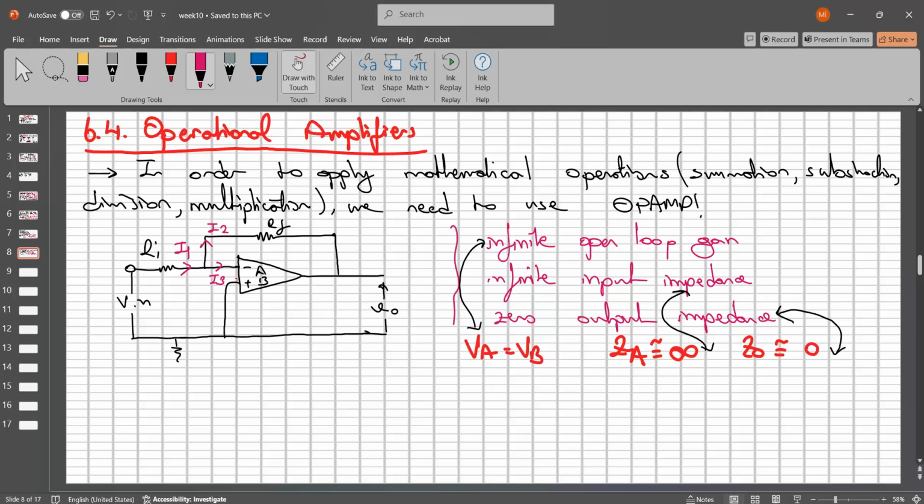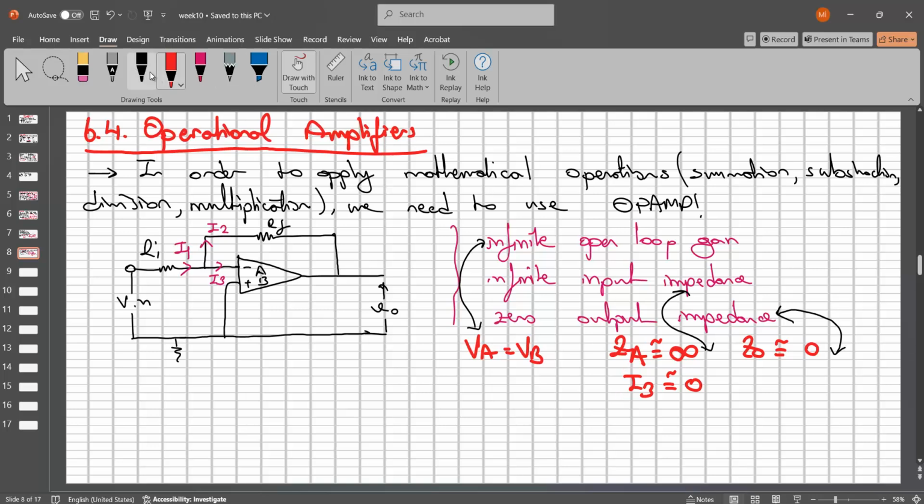Is it almost 0? Yes. Because of the high impedance. Yes. This ZA is going to the infinity value, or equals the infinity. And so I3 should be equal to 0. This is the ideal op-amp, right?